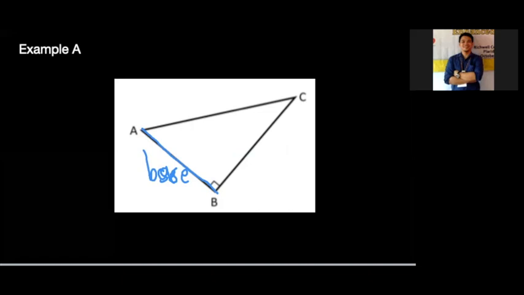That is correct if you answered BC. BC is the height of this triangle given the base AB, because this side of the triangle is perpendicular to the base AB.